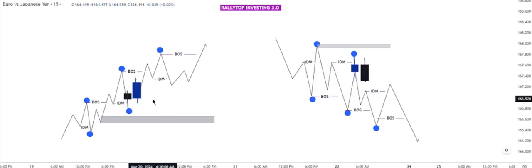This is why a lot of SMC traders are failing in the market. They can identify their inducement level, but they don't know what constitutes a valid inducement. Now, take a look at this. This candle took out this inducement with a candle wick, not with a candle closure.